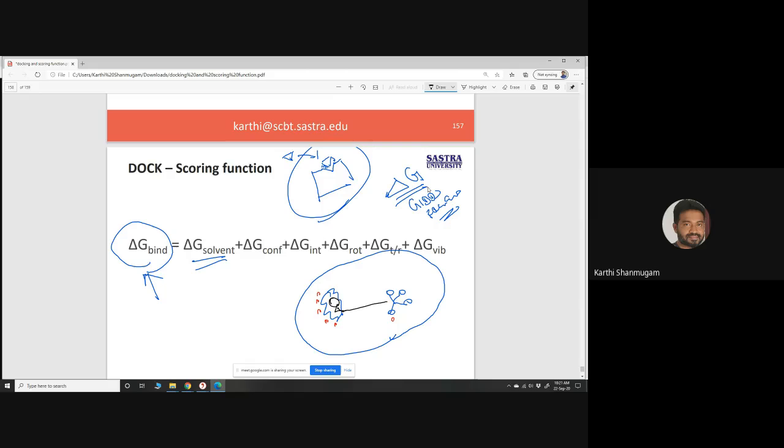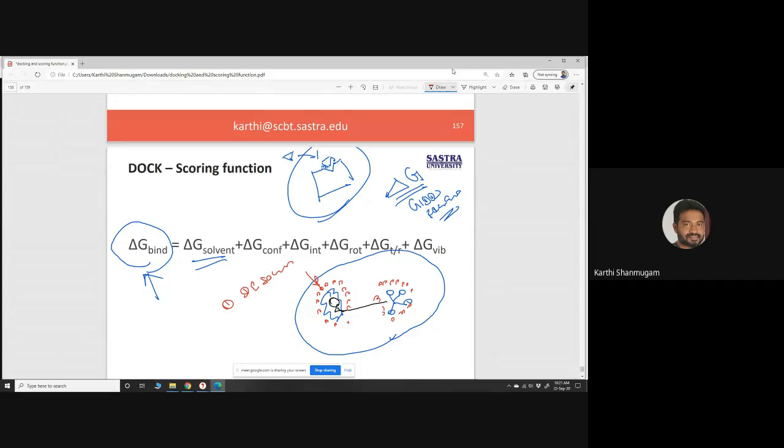So this is called the energy contribution by solvent. This is exactly called solvation. Always the protein and the ligand molecule will be surrounded by water molecules. If you want to bind this ligand molecule inside the binding site of the protein, the first step that should happen is desolvation. So this is in the solvated state. Desolvation means we have to partially remove the water molecules surrounding the protein and the ligand molecule, and then we can fit the ligand inside the binding site.